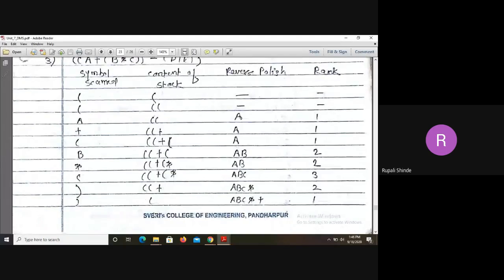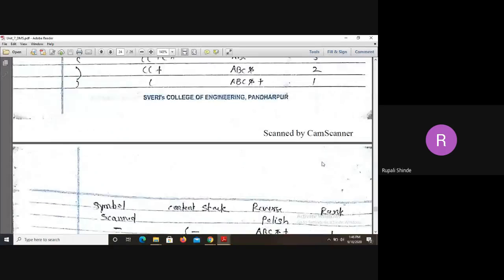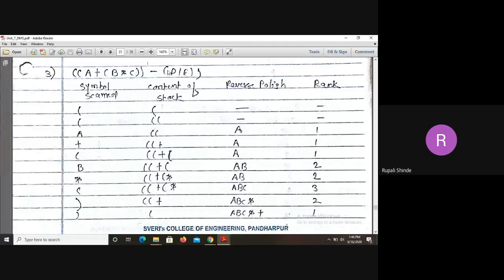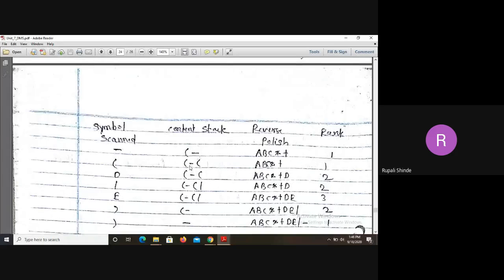Now the next symbol is minus. This is an operator, that's why we push it onto the stack. So the stack contains an opening bracket and minus, and the rest of the things remain the same. Now the next character is again an opening bracket, so we push it onto the stack.